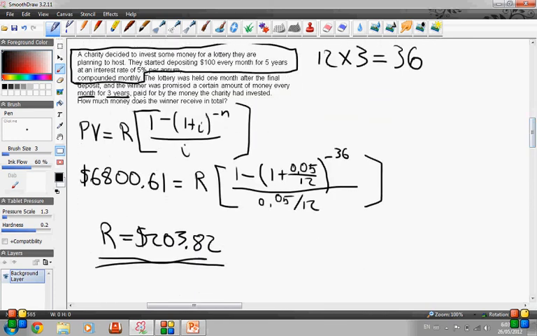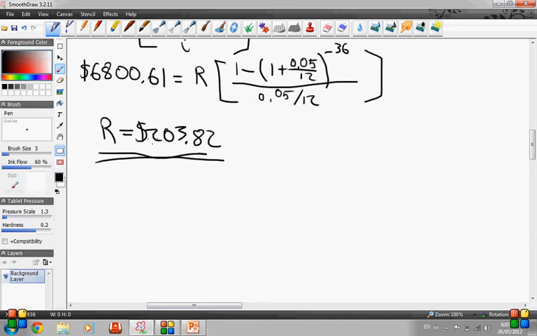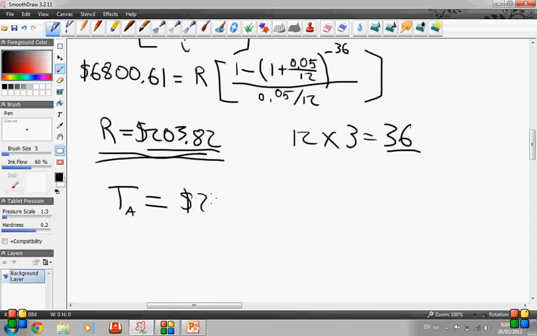However, the question here, as you can clearly see, is how much money does the winner receive in total? So we know that the monthly payment that the winner receives is $203.82, and we also know that he or she receives this amount every month for 3 years. So 12 months multiplied by 3 years, which as we established was 36. So he receives this amount 36 times, which means to find the total amount, which we'll label TA, we simply have to multiply the monthly amount that the winner receives by 36, because he's receiving it 36 times.